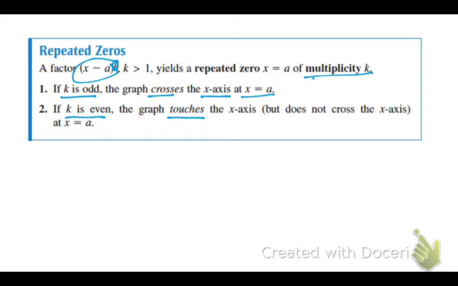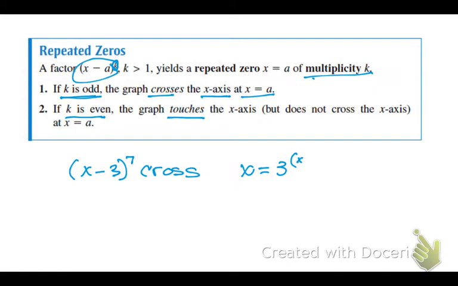Okay, so if I have x minus 3 to the 7th, does it cross or bounce? Cross. Because k is odd. And the multiplicity of x equals 3, how many times? 7.